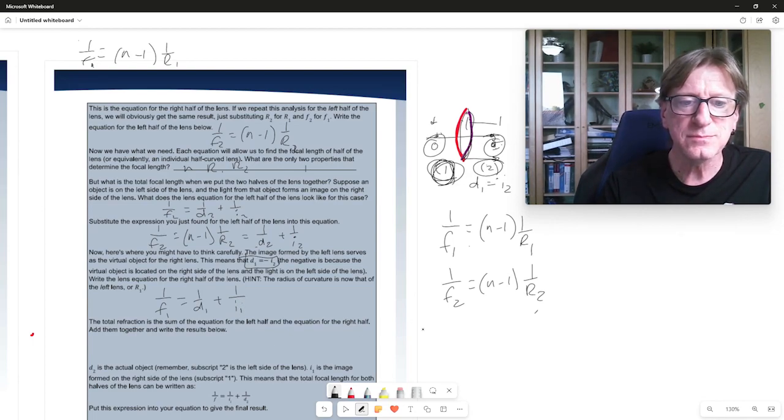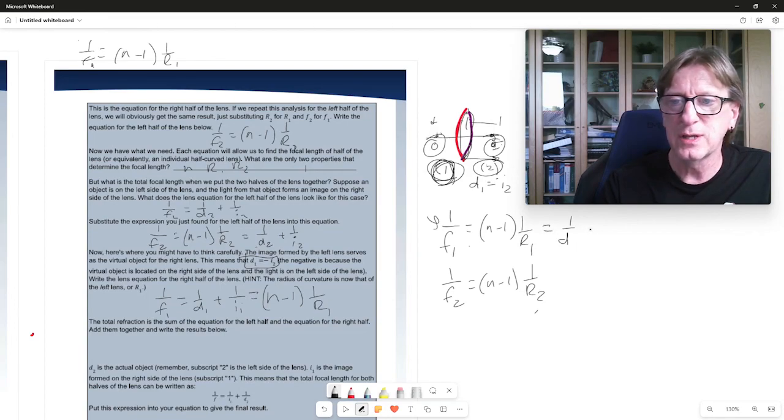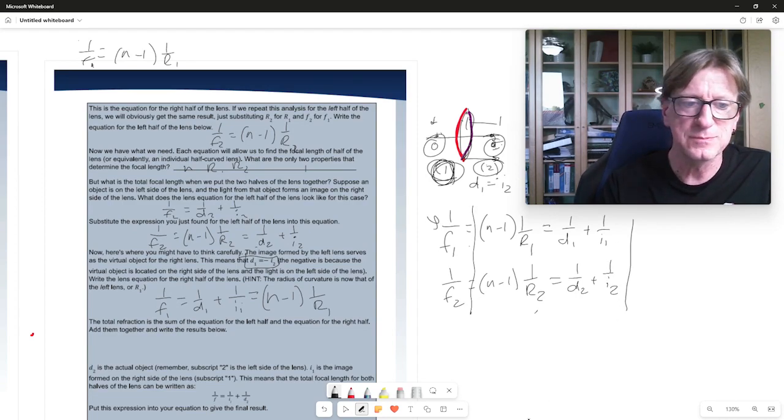This is also equal to (n minus 1)(1 over R1), just like we did before. So now I've got two equations, and we're going to write them down here: 1 over D1 plus 1 over I1, and 1 over D2 plus 1 over I2.